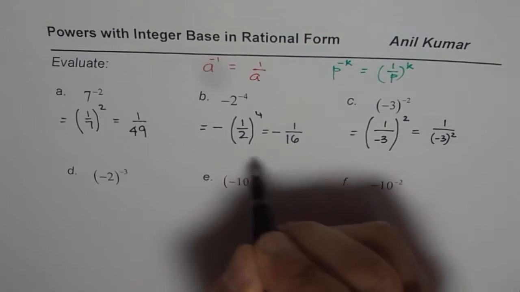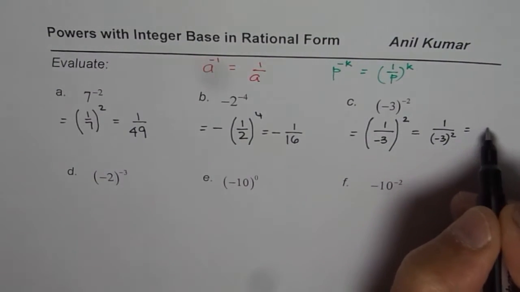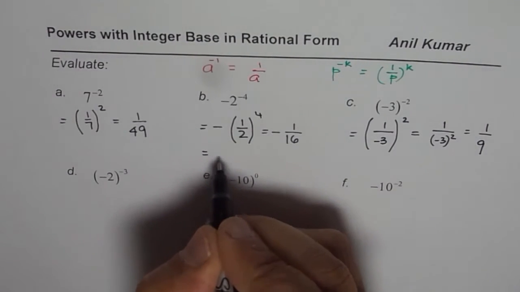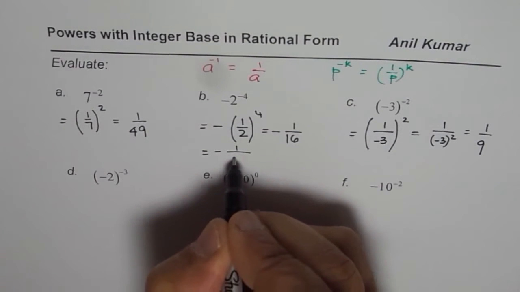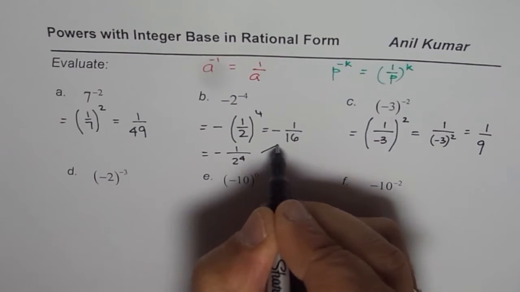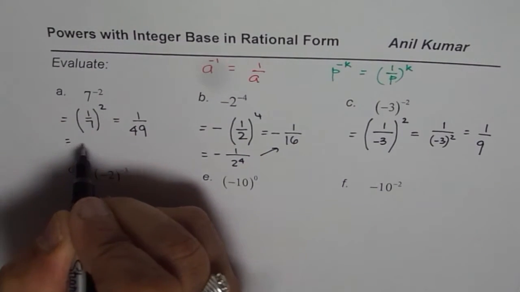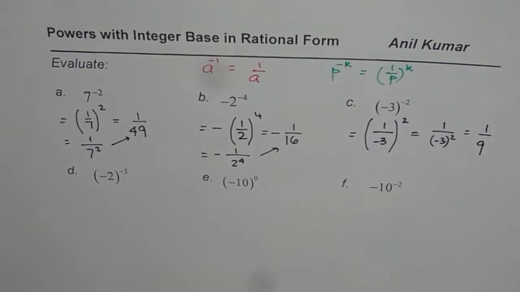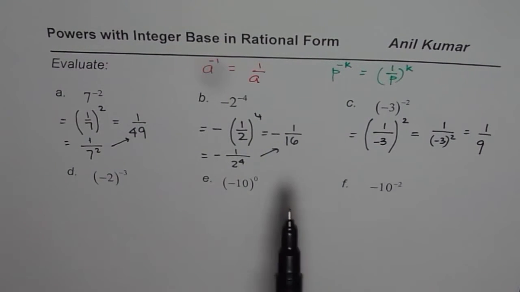I'm skipping this step here, but now let me make it clear, which is 1 over 9, right? So I could have written here like this, minus 1 over 2 to the power of 4, and then got that answer. Similarly, here I could have written 1 over 7 square, and then the final answer, right? So that is how you can solve these questions.